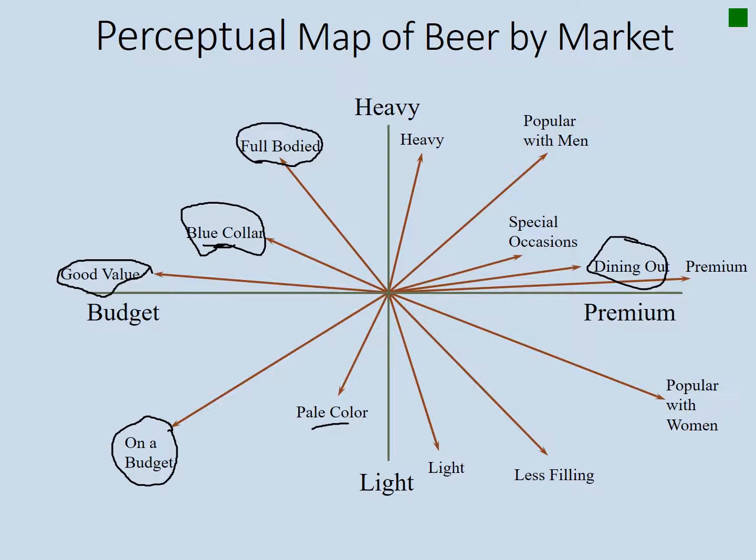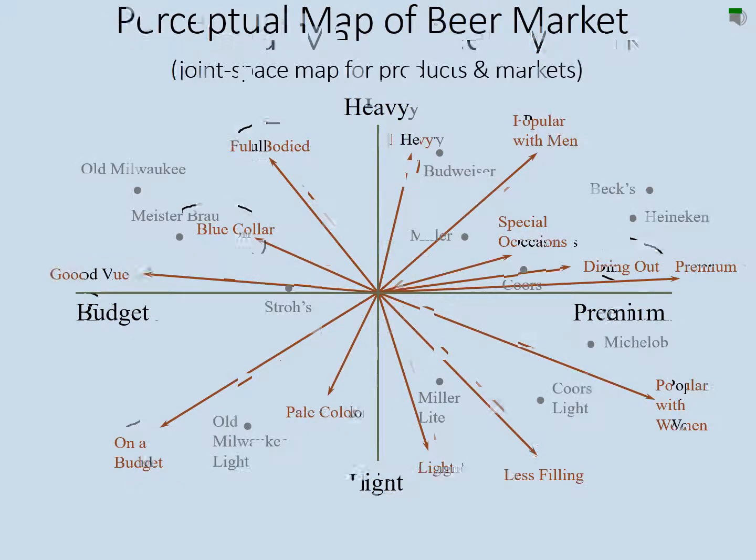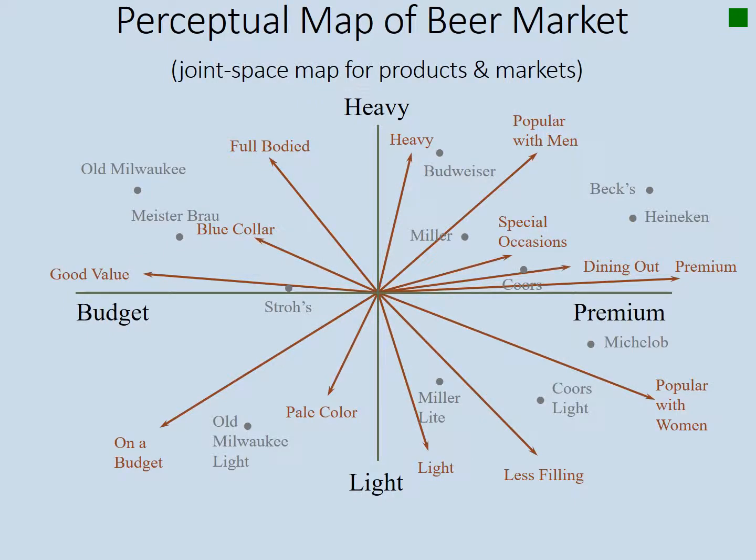Now what we can do is something called a joint space map, where we combine both our competitors or the industry and the market. So we have Old Milwaukee and Meisterbrau, and we see that the blue collar consumer is in this area here, as well as the good value consumer.